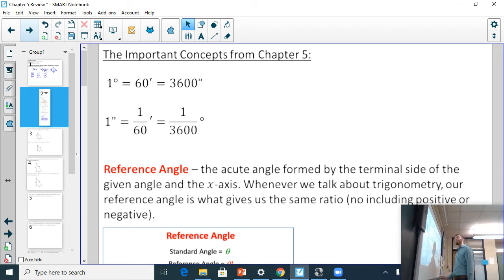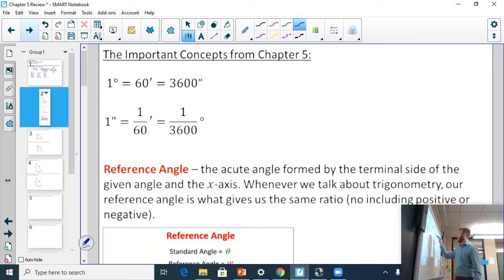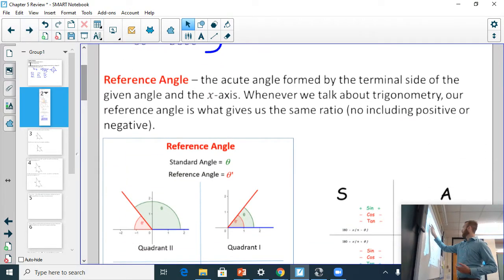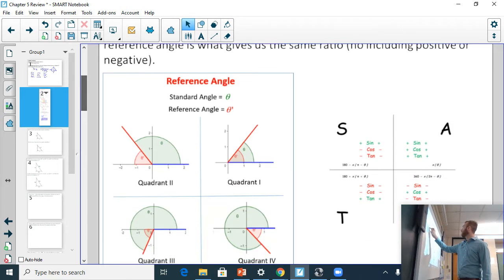Some of the big things that you really want to use on Delta Math, but it's good to know, are the degree, minute, and seconds conversions, which were really good to help with book problems. But as we go down, reference angles, again, huge. I'm not going to go through everything in detail until it comes up in a problem.